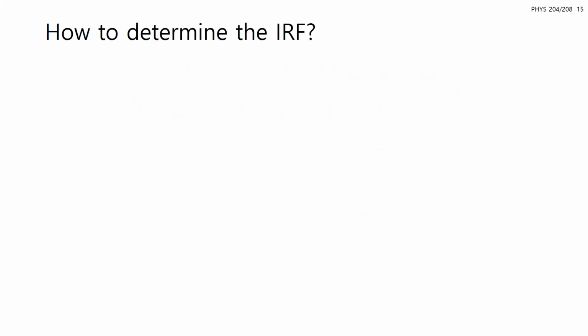But how would we actually characterize this in the lab? How you would determine the instrument response function, or the time response of your filter, is you would want to send an ultra short signal. So last lecture, we talked about a bunch of different functions.